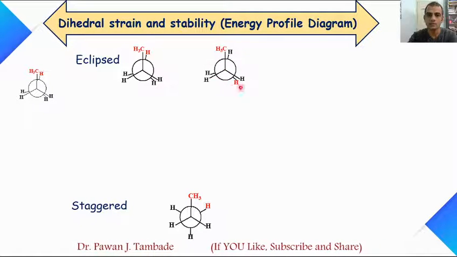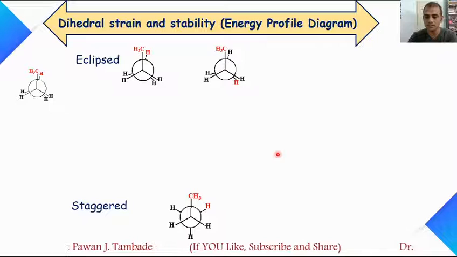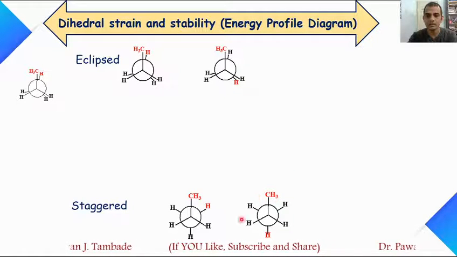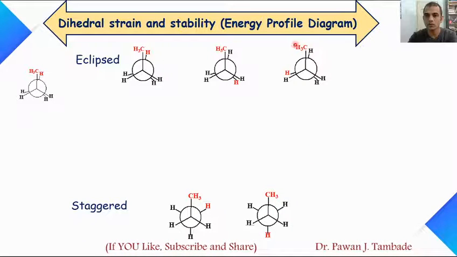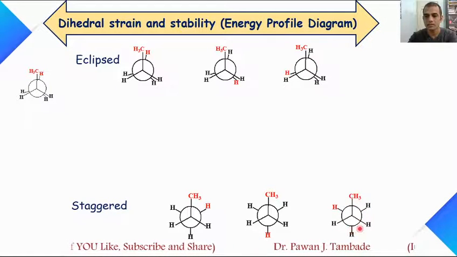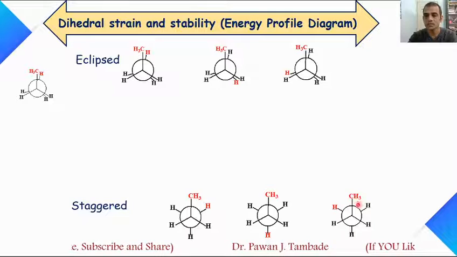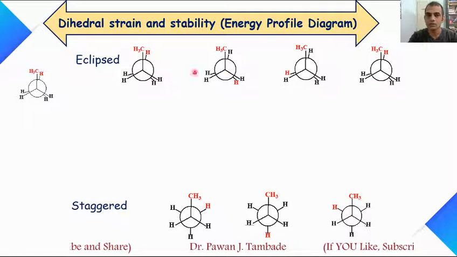If you rotate this eclipse conformation by 60 degree, then we will get this staggered or anti-conformation. This on further rotation will give this structure, and we will get this staggered structure by further rotation. And finally, if this structure is again rotated by 60 degree, we will get our original structure from where we started back.